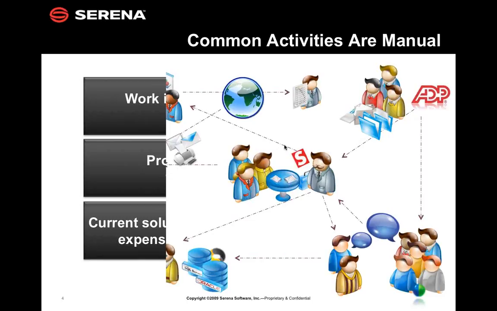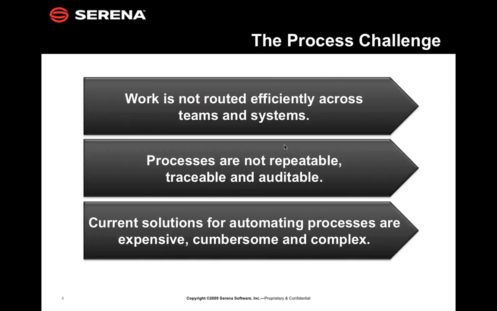Now, doing things via email and spreadsheets or Word docs or whatever it is, if we're not tackling these things systematically, it really leads to three fundamental problems. First being that work isn't routed efficiently across teams and systems. Things that should take minutes to accomplish frequently take much longer than that.